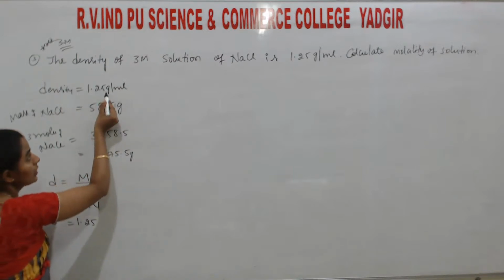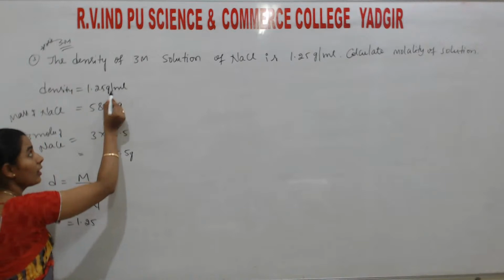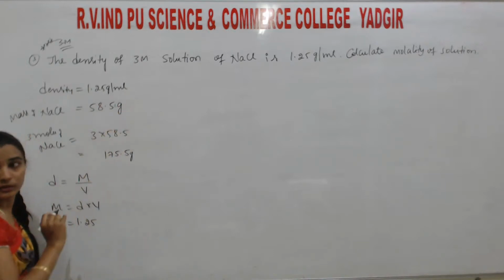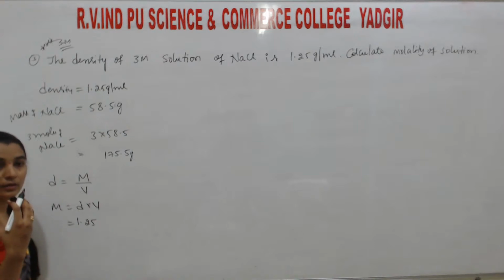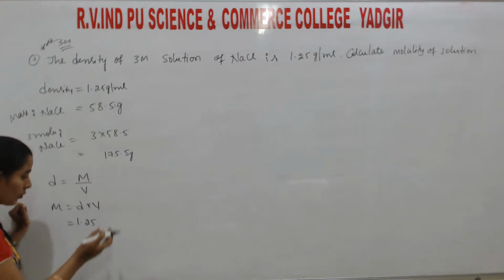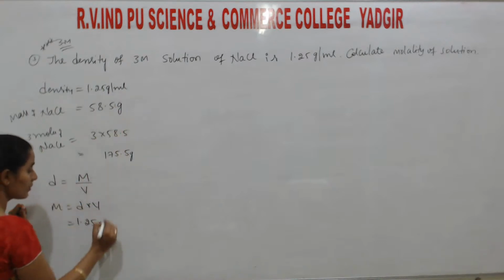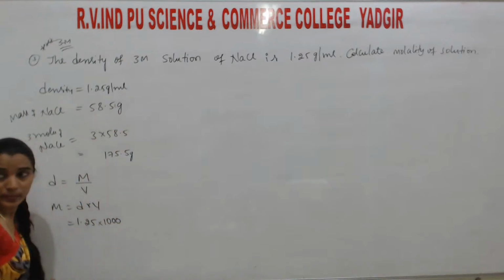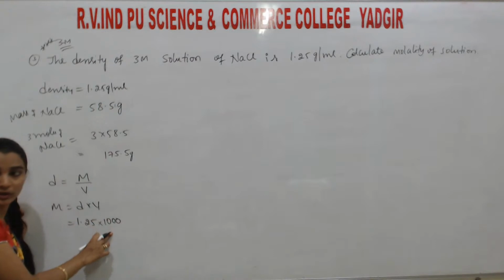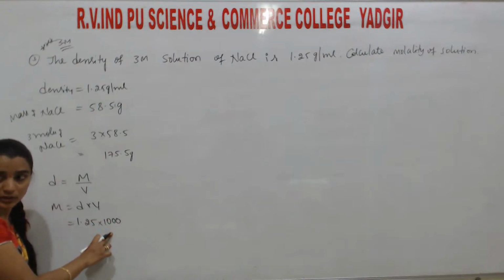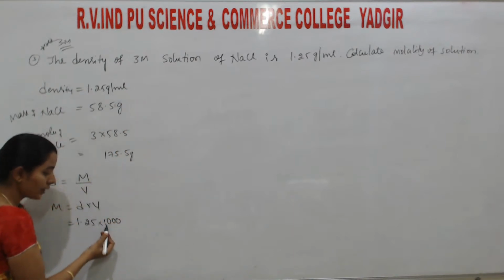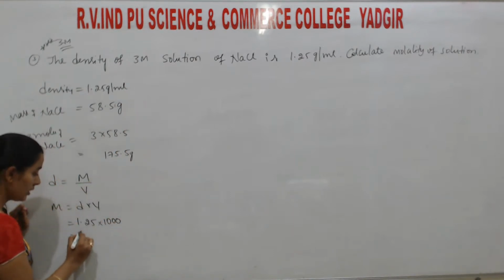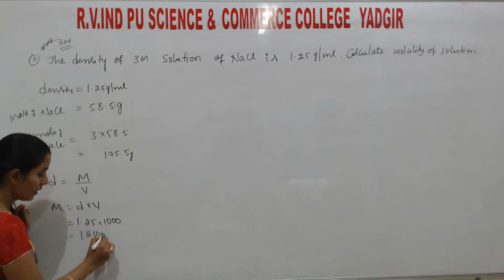So this one is written gram per ml or kg per liter. It is converted into what? Ml or liter or kg. So volume if ml is there means that is 1000. If it is liter, then it is 1. Are you getting? Here we given gram per ml. ml for 1 liter, 1000 ml. So that is 1250 gram.